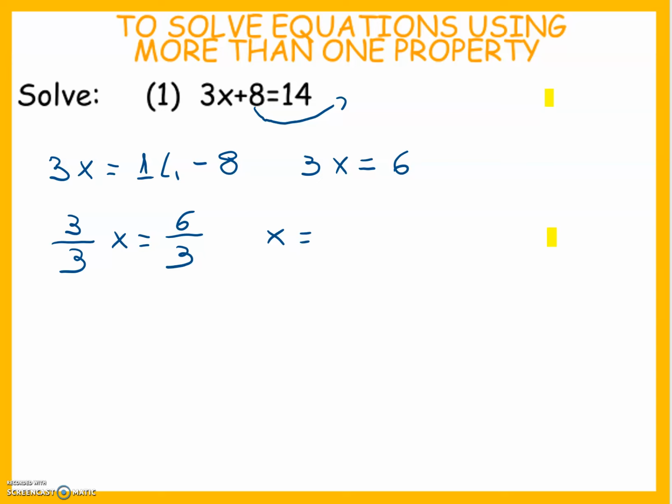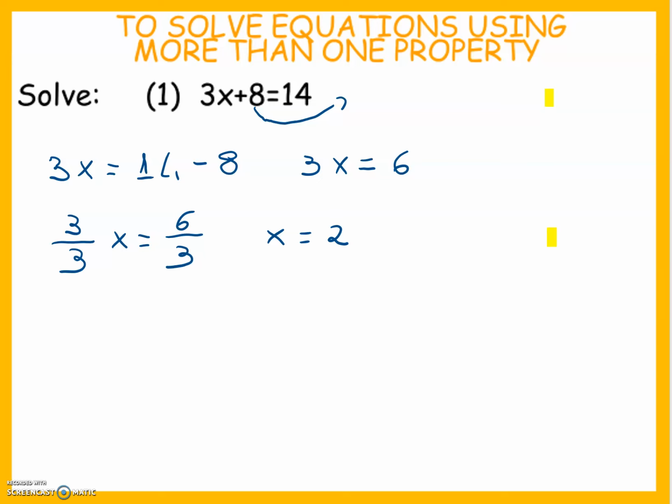X equal to 2. How can I be sure that my equation is correct? I can perform a proof. We said at the beginning of the lesson that an equation is composed of two equal quantities and an equal sign in the middle.